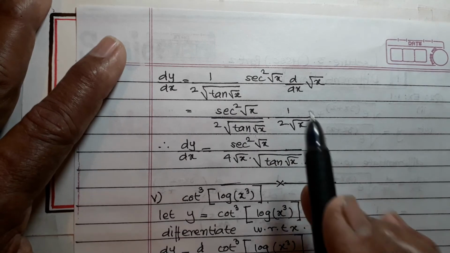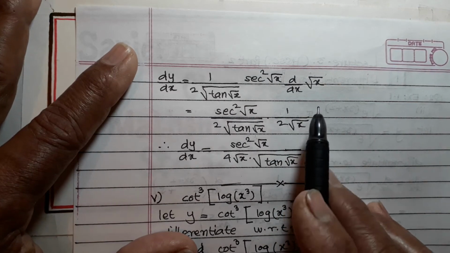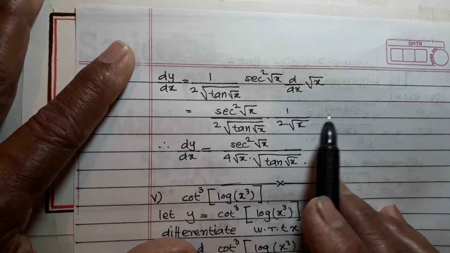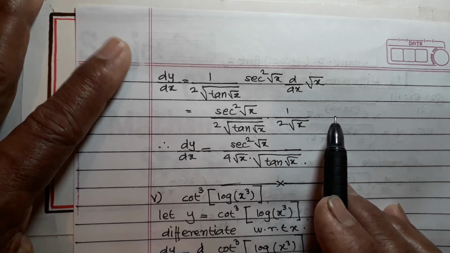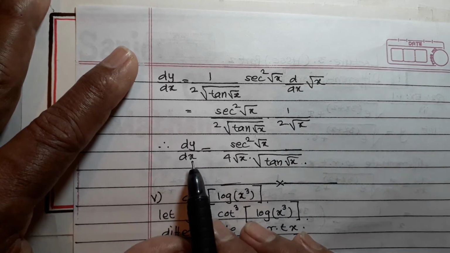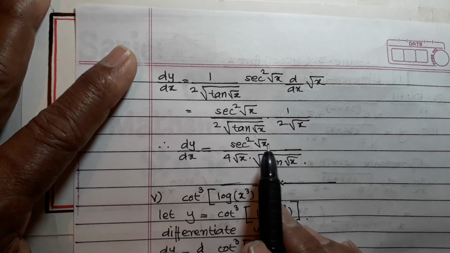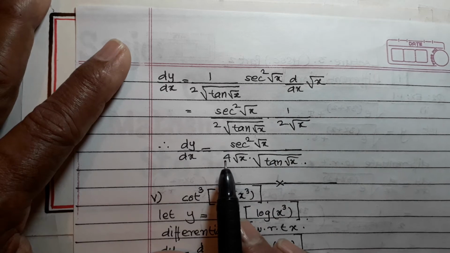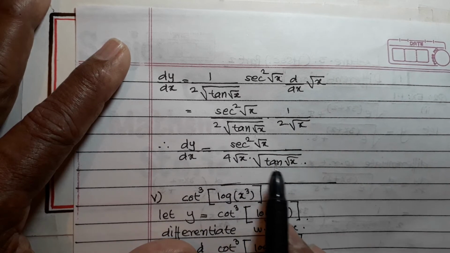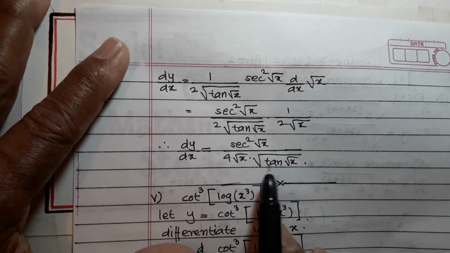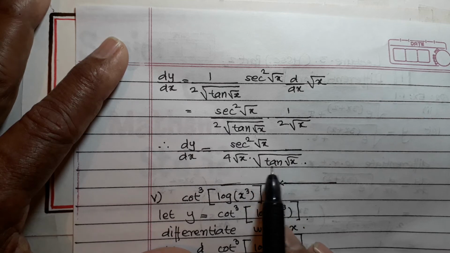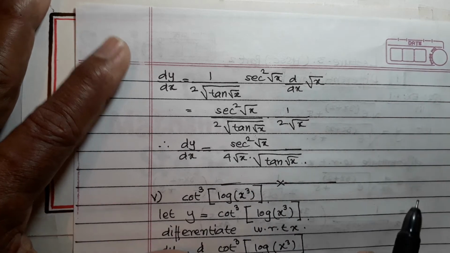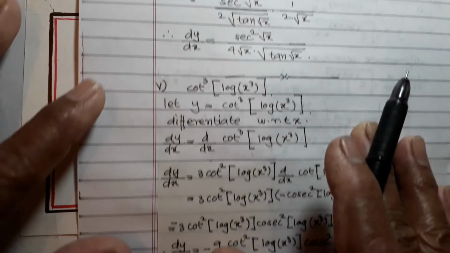Okay. And actually derivative of x is also there, but that is dx, so that is equal to 1. And therefore dy/dx is equal to sec square root x upon 4 root x into tan root x. Okay.